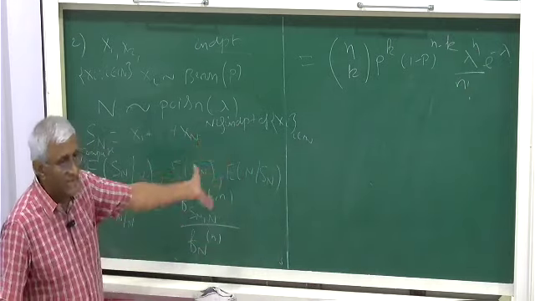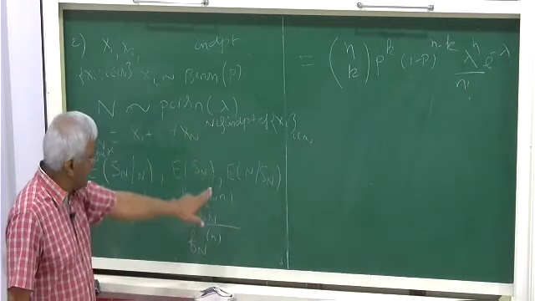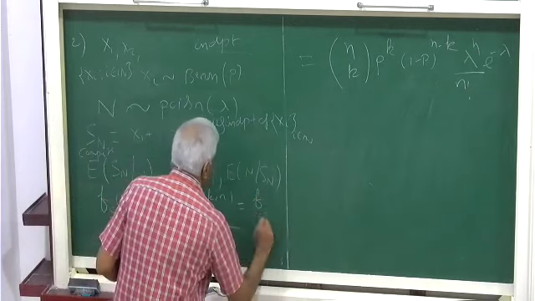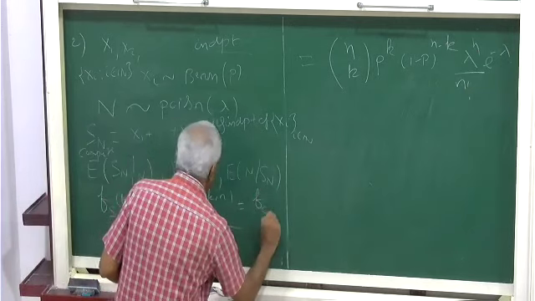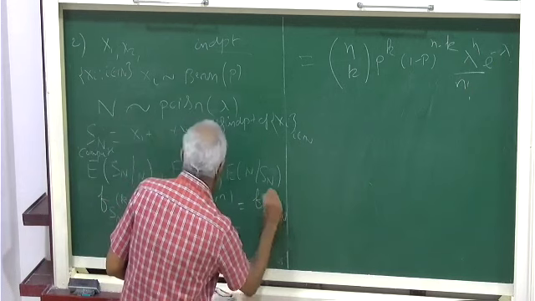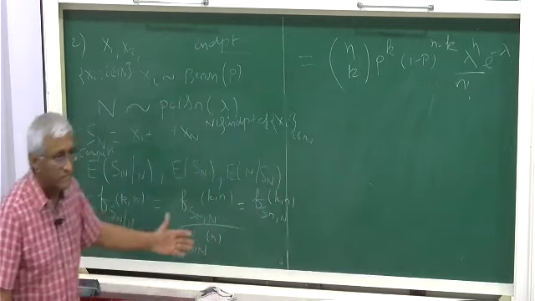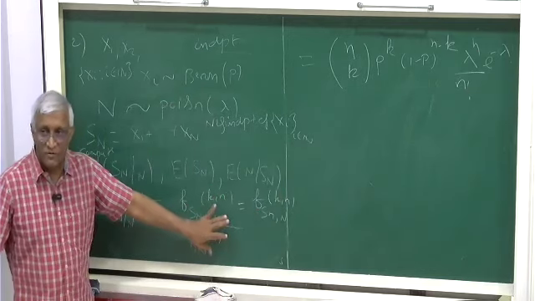I'm using the independence: N is independent of all those xi's. If you want, you write one more step. It is just the joint density of Sn and n at k, n.